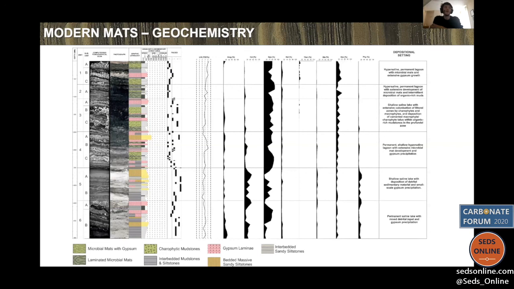But for the gypsum itself, I can't say there's a massive amount of diagenesis occurring in just 50 centimeters at least. Maybe below this you're getting potentially a little bit of anhydrite formation from gypsum, but in this section we haven't seen it from any of the XRD diffractograms.